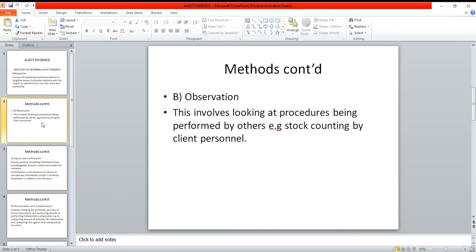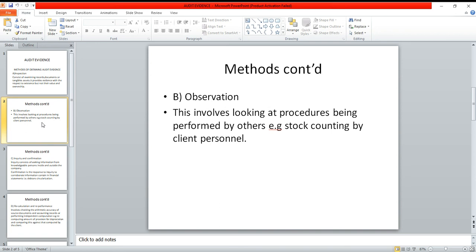Number two is that an auditor also uses the observation method. The observation method involves looking at procedures being performed by others.